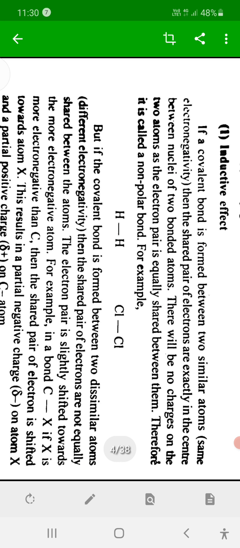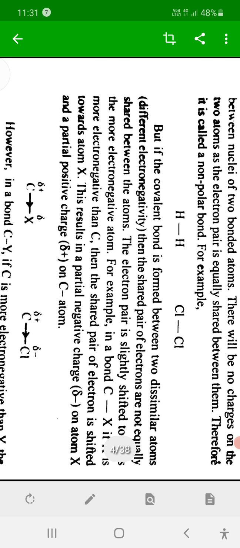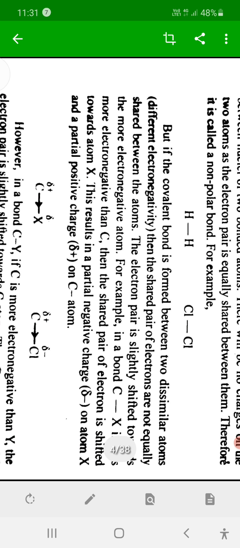There are two types of bonds considered here: bonds between similar atoms, which are known as homoatomic bonds, and the others are heteroatomic. Heteroatomic means the two atoms attached by that bond are different.